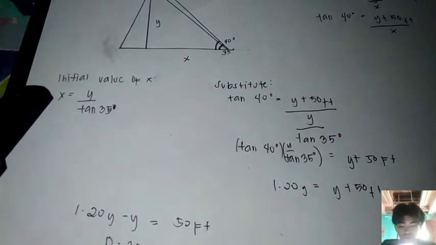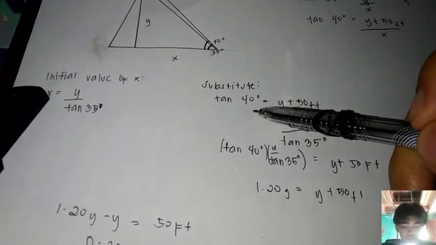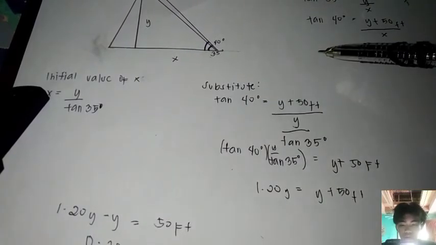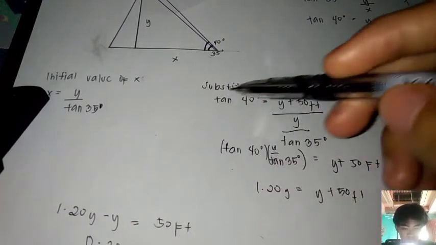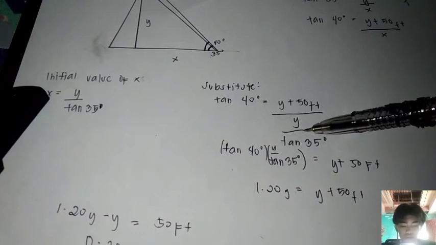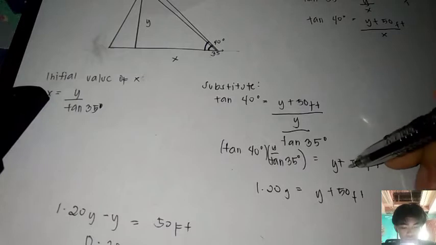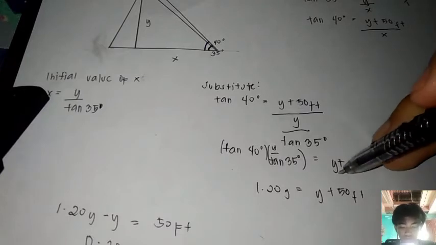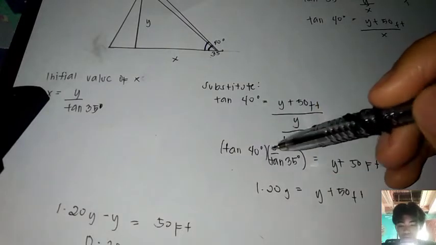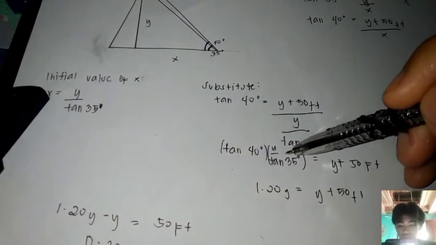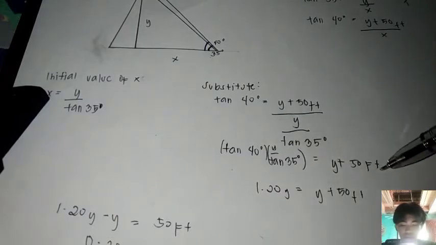So let's move to substitution, wherein we use tan 40 degrees equals y plus 50 feet over x, and substitute the x, which is y over tan 35 degrees. Let's transpose the y over tan to the other side. So we have tan 40 degrees multiplied by y over tan 35 degrees equals y plus 50 feet.